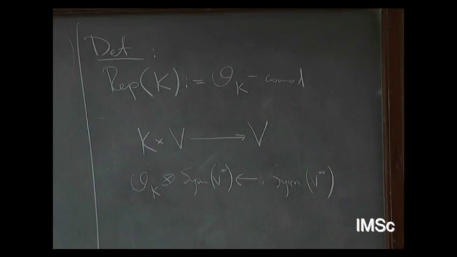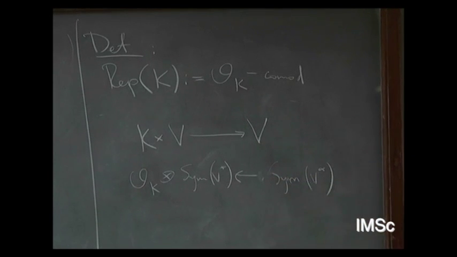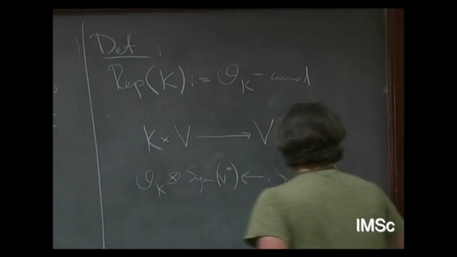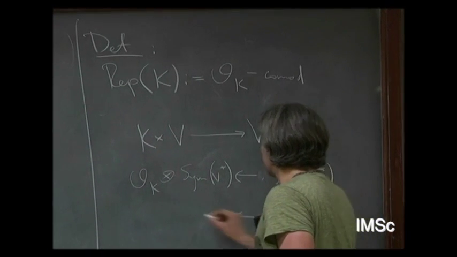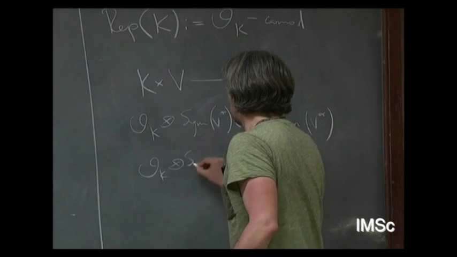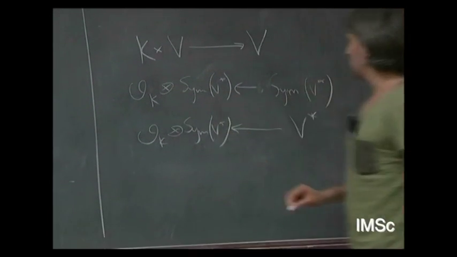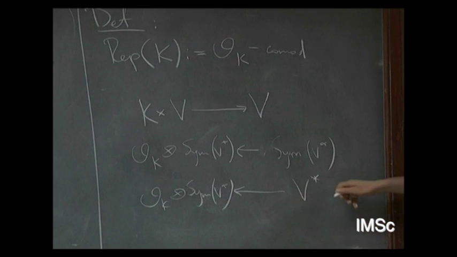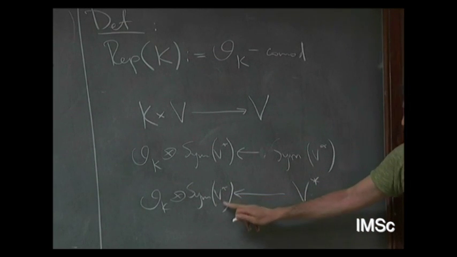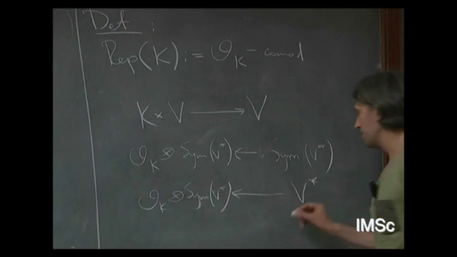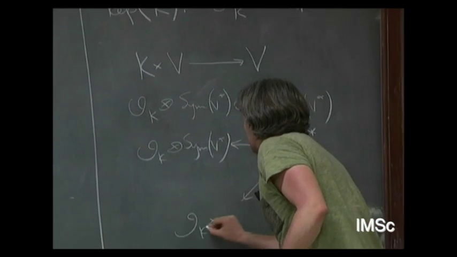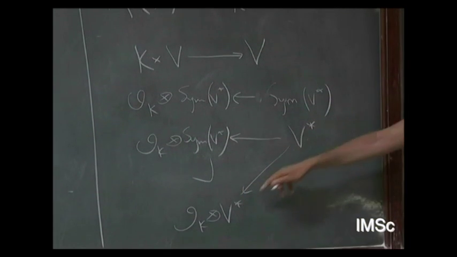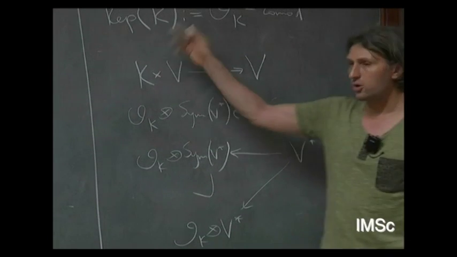Now, this is a free algebra, so to define such map, we just need to know where generators go, and then we can consider this map. But it's not just any map. This should be a linear map, a linear representation. Then we land, along V star, we land into generators. So in fact, we land in O(K) tensor V star, sitting here. And after lowering index, we get exactly co-module structure.